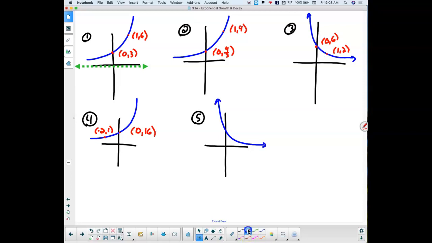Decay for number 5 should have gone through 0 comma 8 and 1 comma 2.